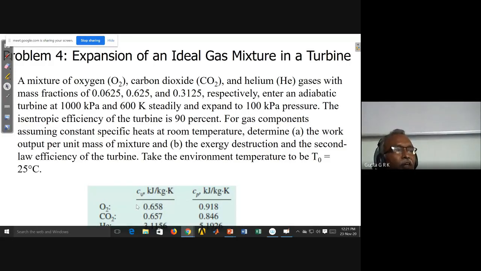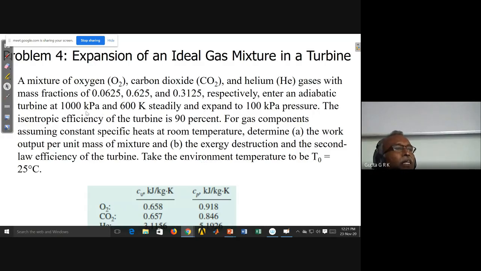So using the component Cp and Cv and mass fractions, I can find out Cv of the mixture. I can find out Cp of the mixture. So I can find out Cp minus Cv of the mixture R, and Cp by Cv gamma of the mixture. So I have to first find out R of the mixture and gamma of the mixture. Then I have to use the isentropic relation T2 by T1 equal to P2 by P1 to the power of gamma minus 1 by gamma. So I can find out T2.